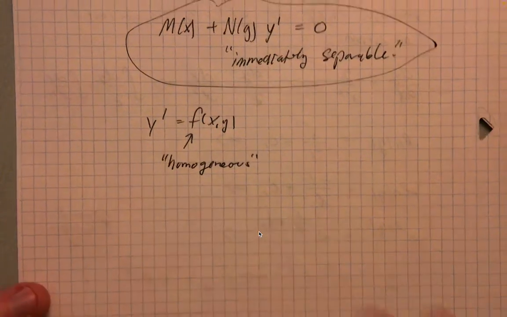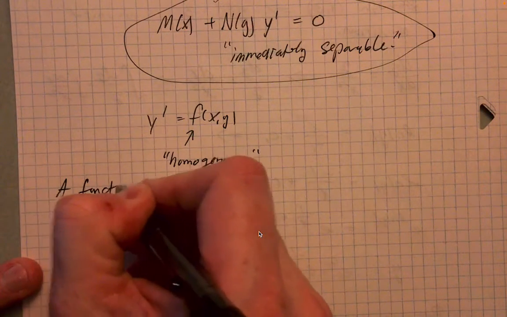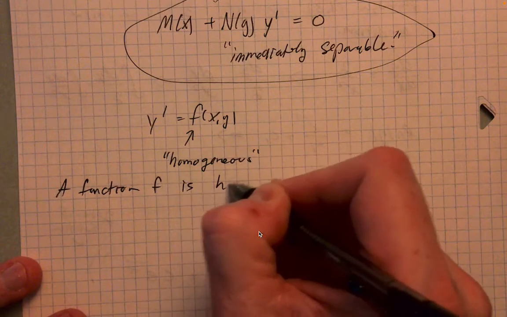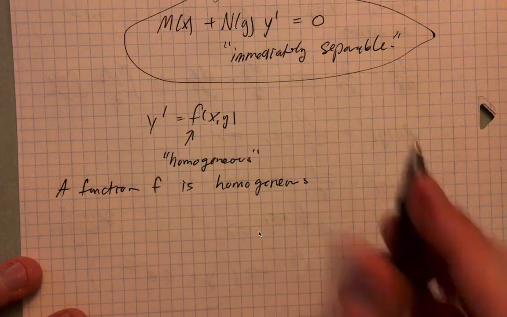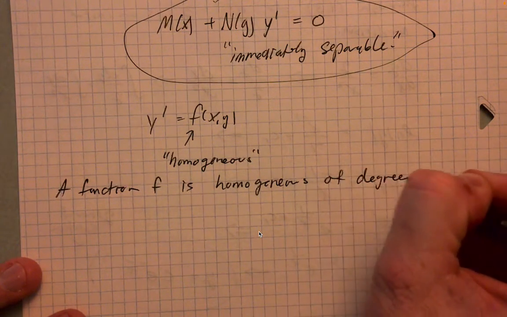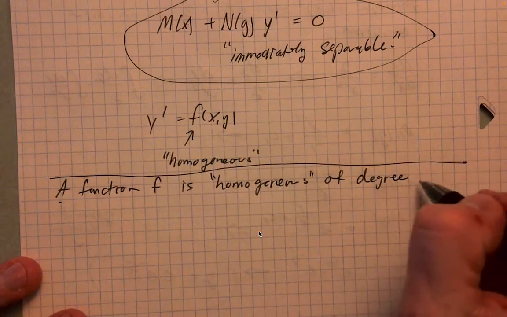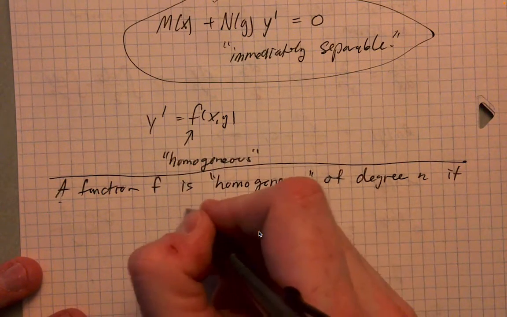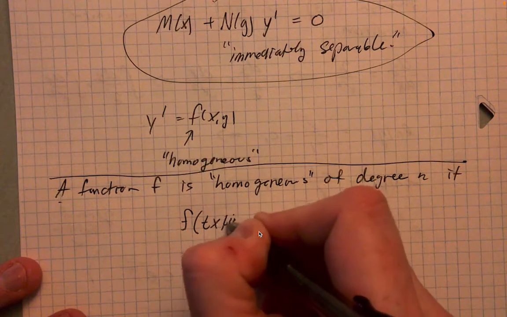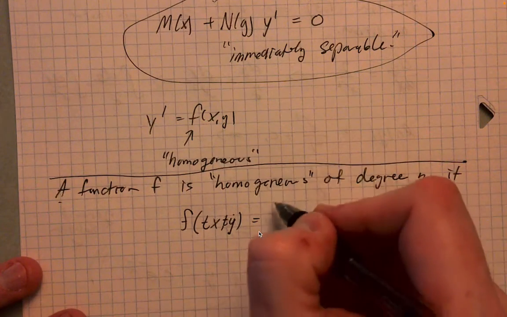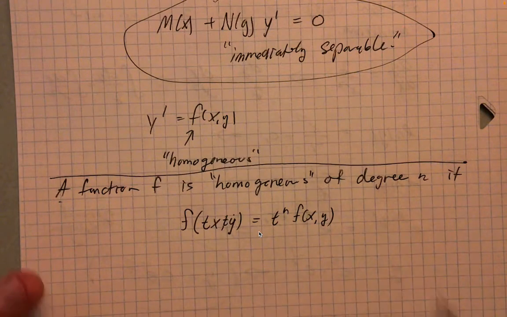All right, so let's talk about what homogeneity means when we talk about a function. A function f is homogeneous of degree n if f of tx, ty is equal to t to the n times f of x, y, for some n.